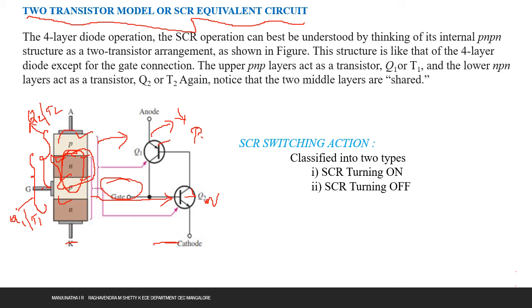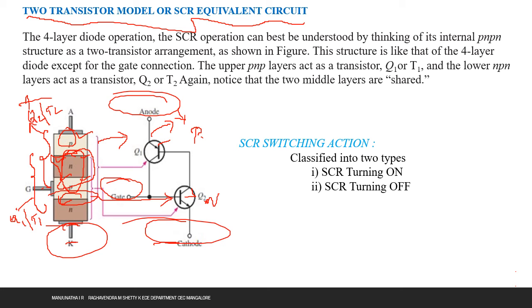This P is connected to the anode, and this N type is connected to the cathode. Yes, here we have the cathode.